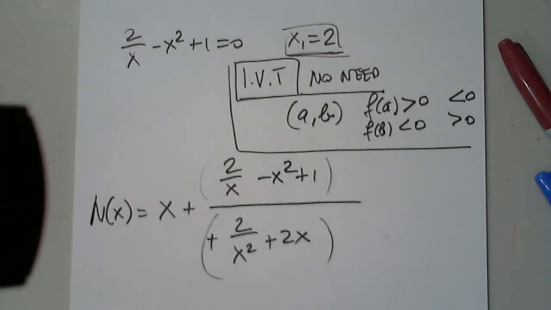Okay, so in y equals, clear. x plus the numerator 2 divided by x, and then minus x squared and then plus 1, and then divide by 2 over x squared and then plus 2x and close.